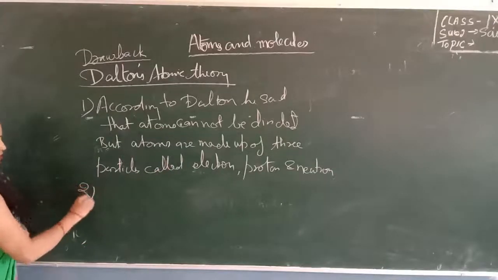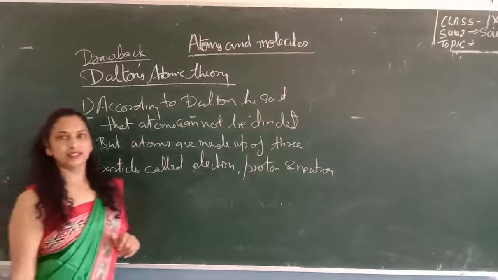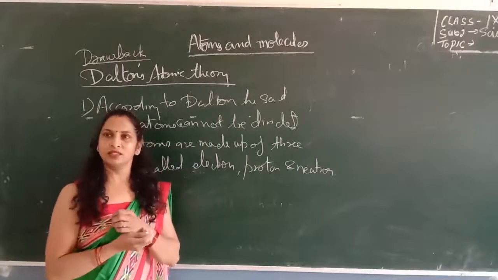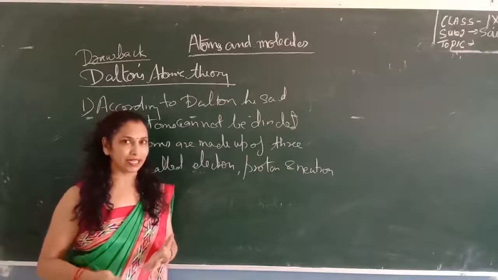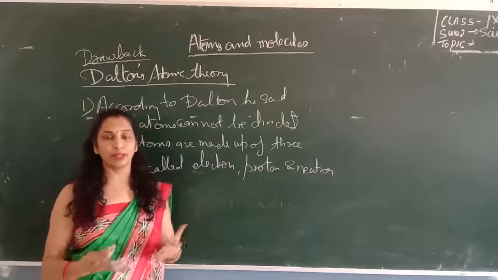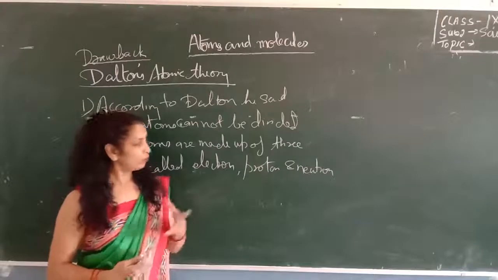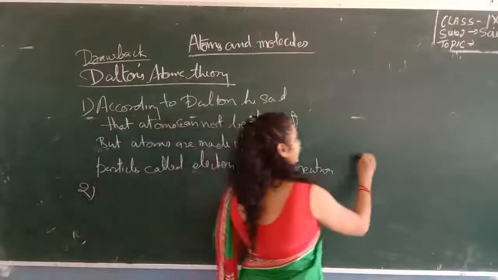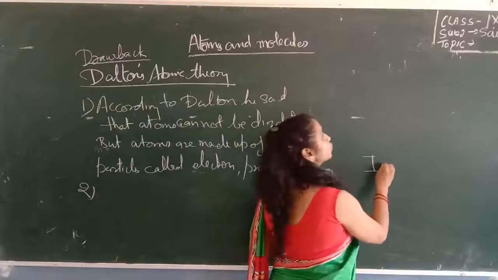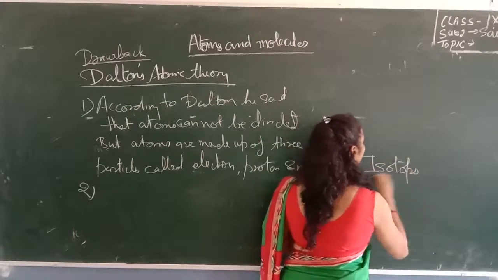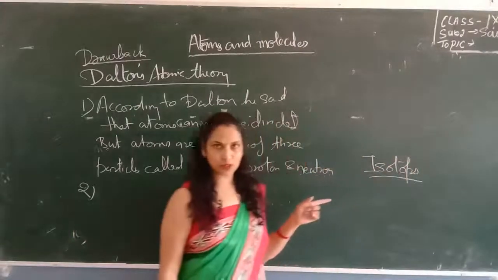Now the second point. Dalton said that the atoms of the same element are identical in every aspect, like the mass, the size and the chemical reactions. But it was disproved when isotopes were discovered. Let me explain what isotopes are.